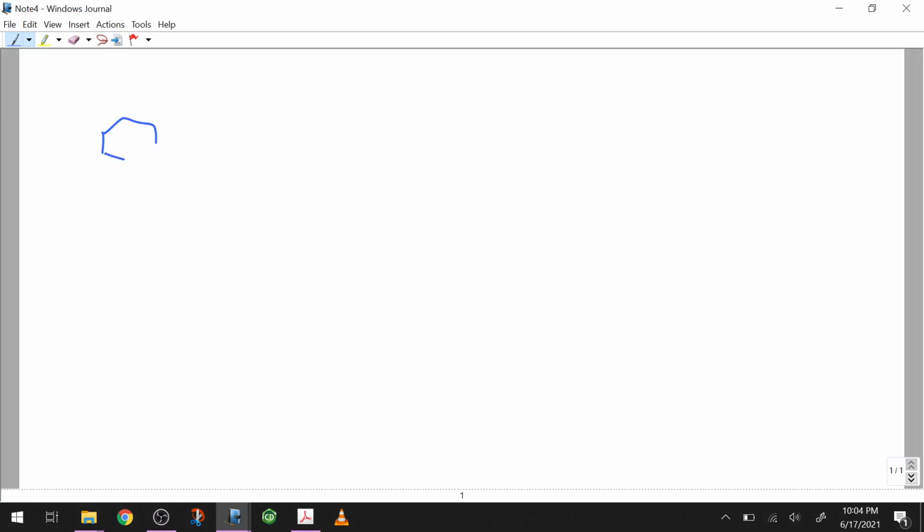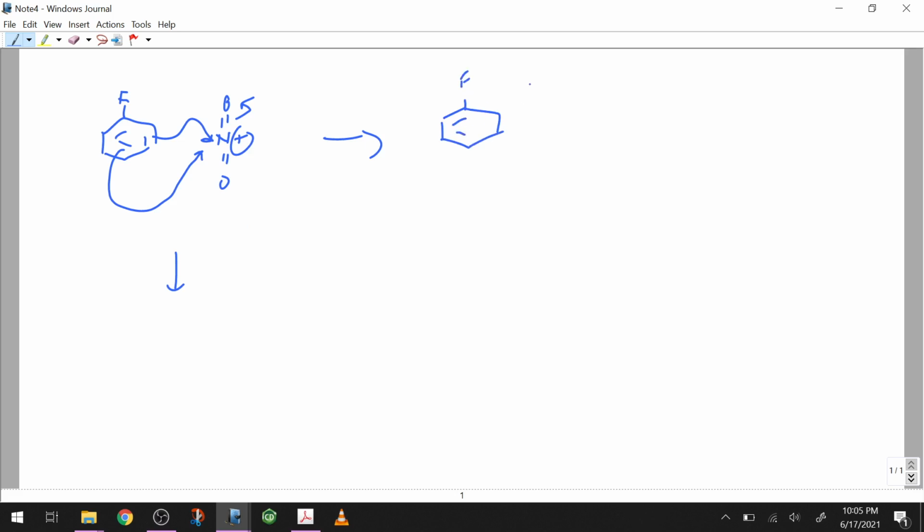So what happens then is relatively straightforward. A pi bond is going to attack the nitro. If it's this one, I get ortho. If it's this one, I get para. So I have two possibilities here. And for the moment, at least, they're equal.